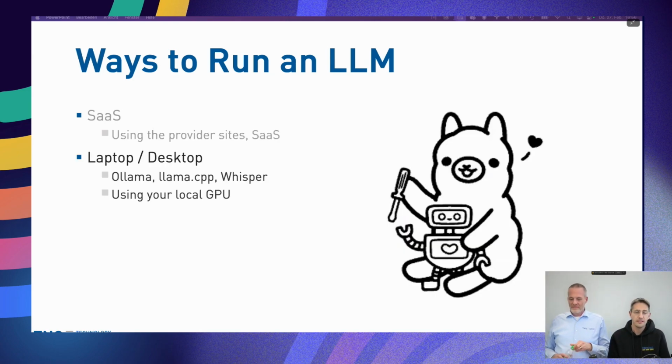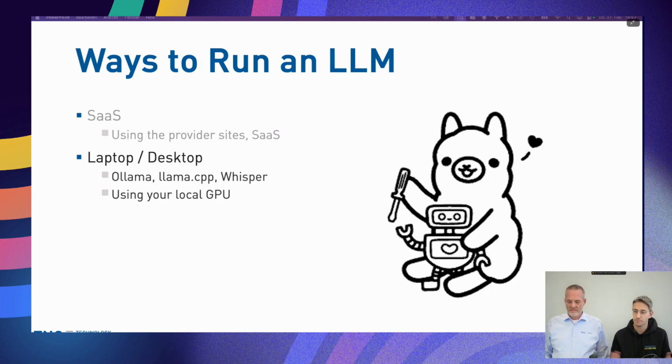The second way of how you can also do this is using your laptop, your desktop computer, or something like that. There is software available like Ollama, llama.cpp, or also Whisper for speech to text, with which you can then use your local graphics card and leverage that to really execute these models. The problem with that is, however, that your graphics card is, of course, limited.